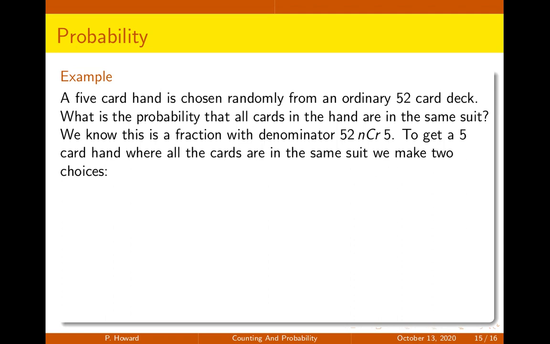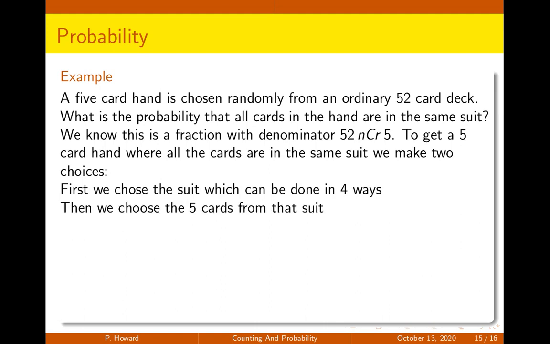So to get a 5-card hand where all cards in the hand are in the same suit, we make 2 choices. First, we choose the suit, which can be done in 4 ways: clubs, diamonds, hearts, or spades. And then we choose the 5 cards from that suit.